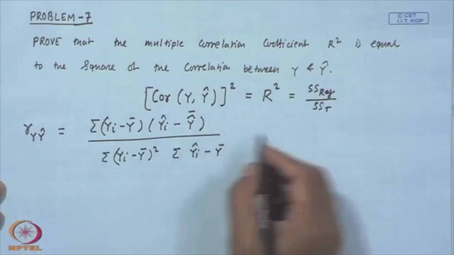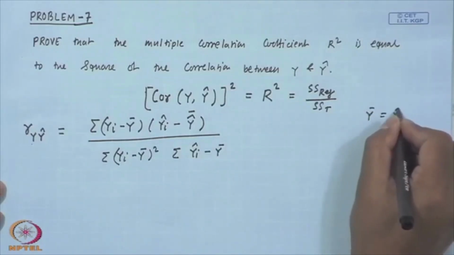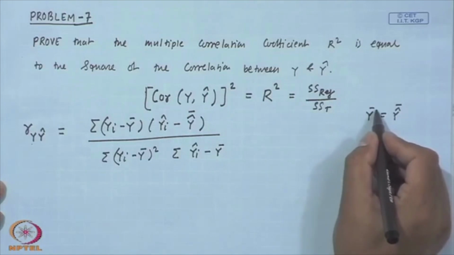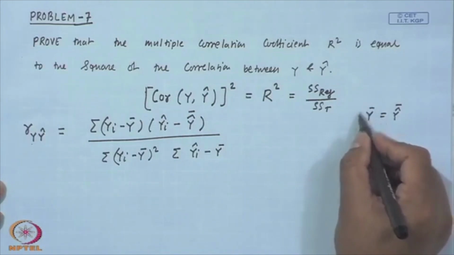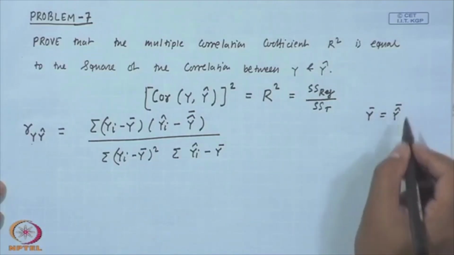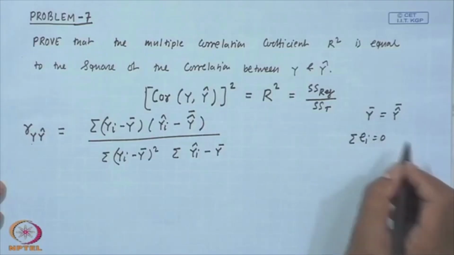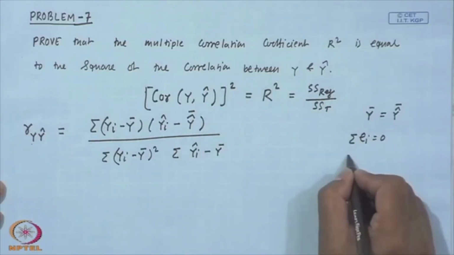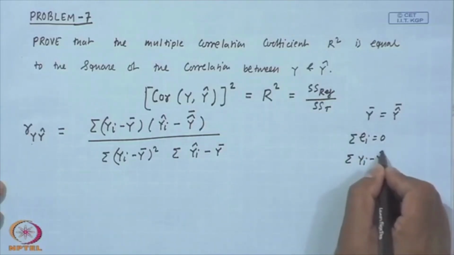I hope you understand that y bar is equal to y hat bar. This is the mean of the observed values, and this is the mean of the estimated values. You know that summation E I is equal to 0 for a model with intercept, and E I is nothing but y I minus y I hat.